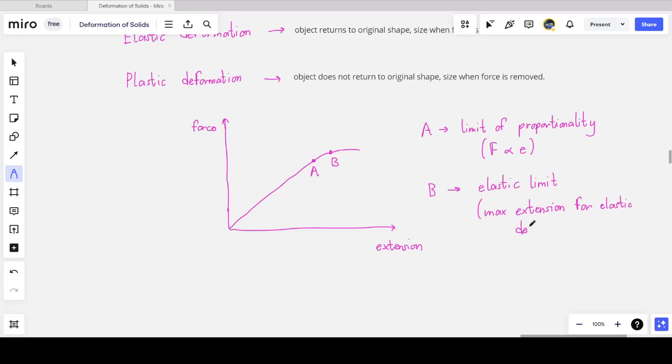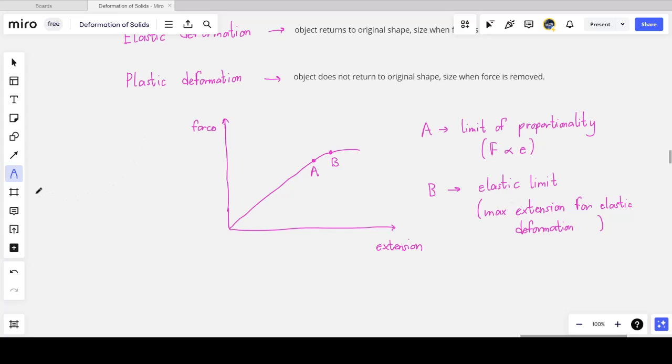Any extension greater than this, and we have plastic deformation. It's usually slightly above the limit of proportionality. So even though it's not proportional from A to B, you can still save the spring, but anything past B and the spring is completely deformed permanently, and doesn't return to its original shape and size.